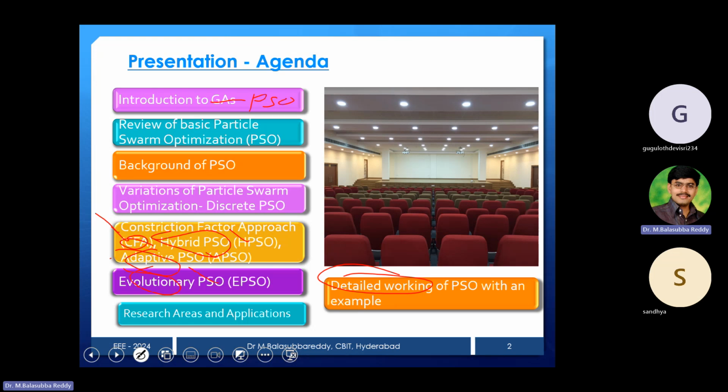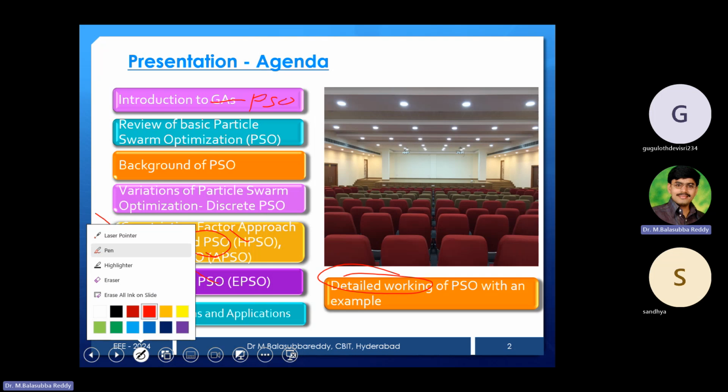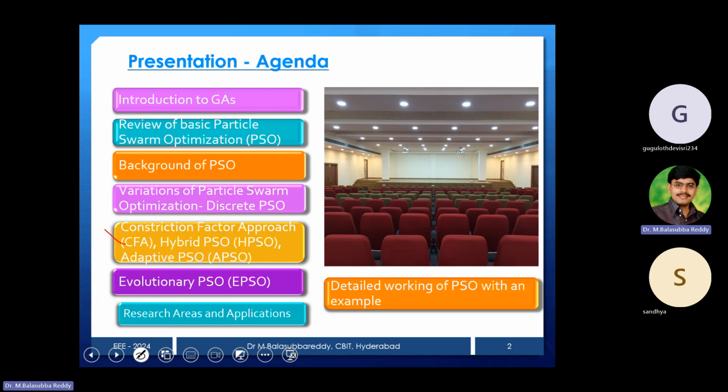Once you are aware of the basic things, the rest of these parameters, whatever we have mentioned, the constriction factor, hybrid, adaptive and then evolutionary, are all small changes with respect to the basic problem.